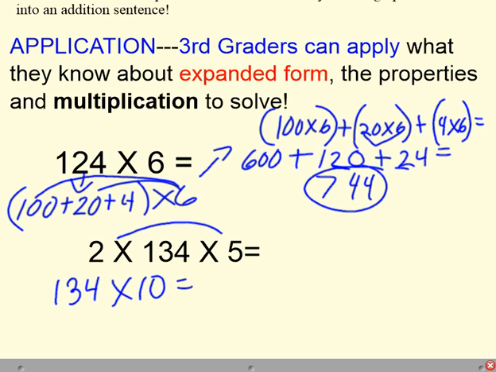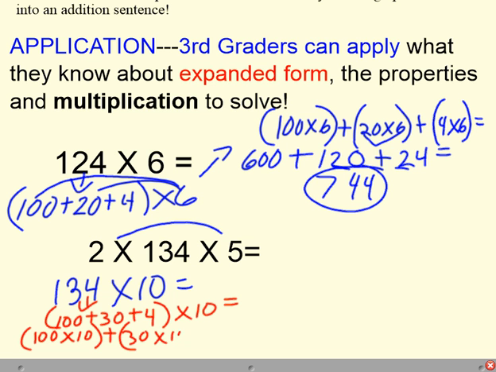And so now I'm going to break up my 134 into an addition sentence using my distributive property, applying what I learned. So I have 100 plus 30 plus 4, that's 134. And I'm going to multiply that by 10. I have 100 times 10 plus 30 times 10 plus 4 times 10.